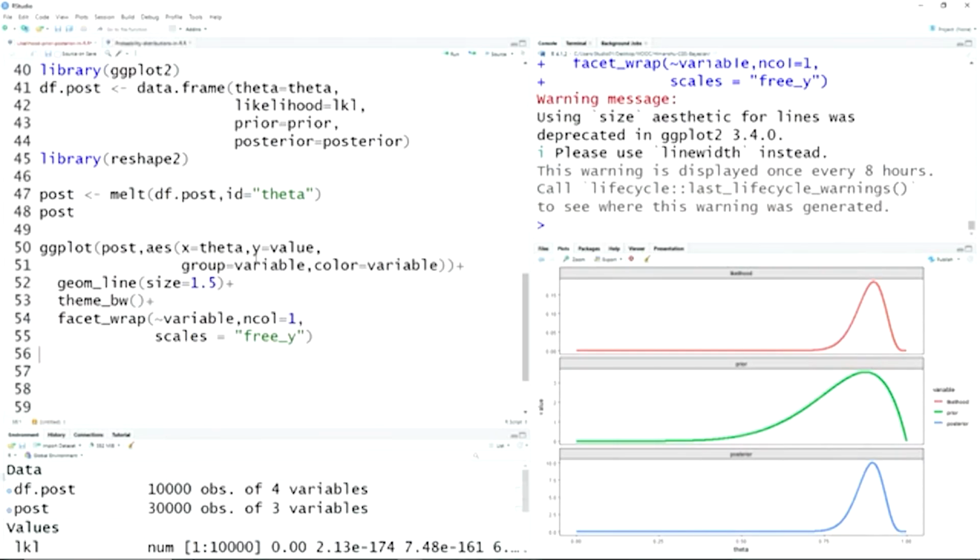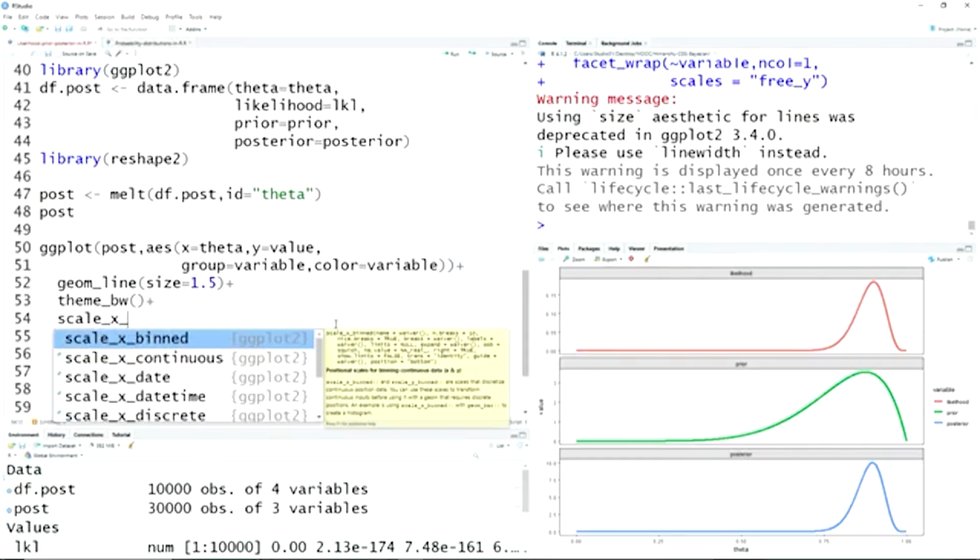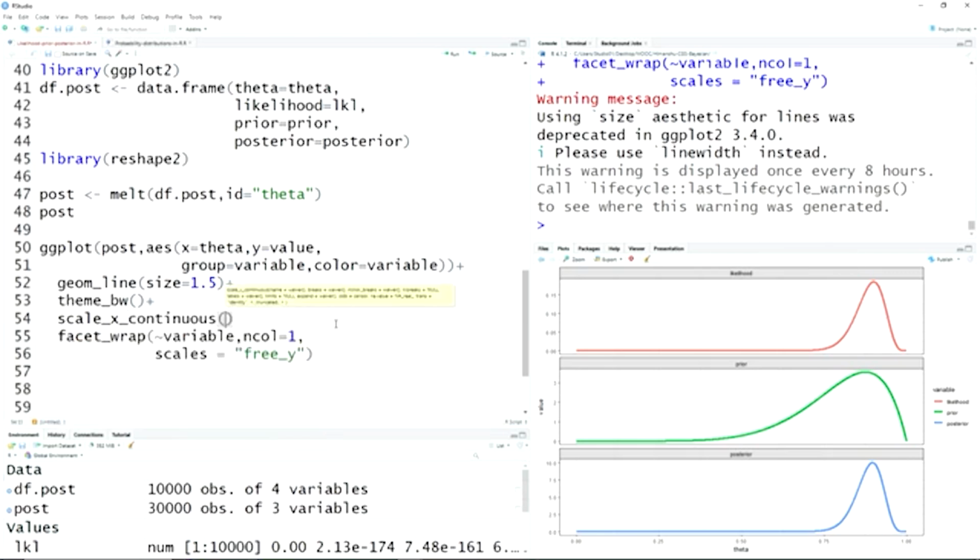One thing that can help you is, of course, if you restrict the space, because you're not going to get any values of theta that are less than, let's say, 0.5. So you can create limits, let's say from 0.5 to 1.